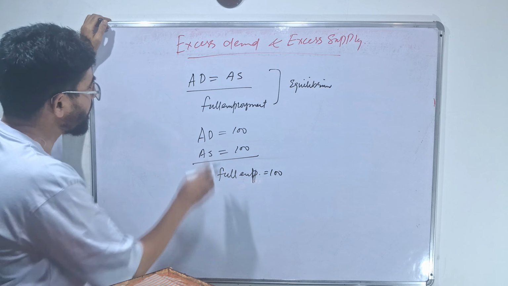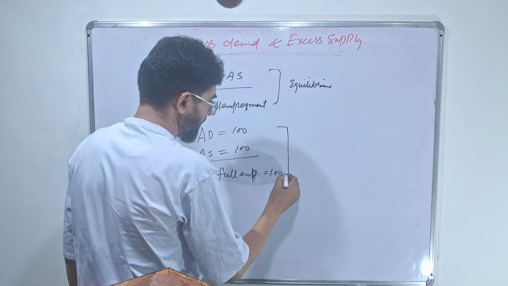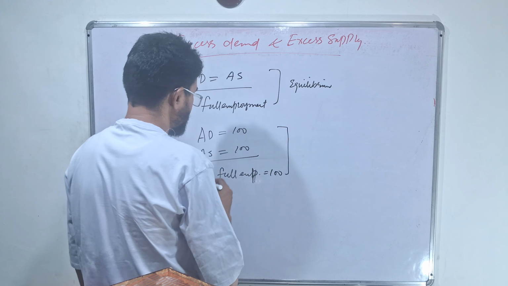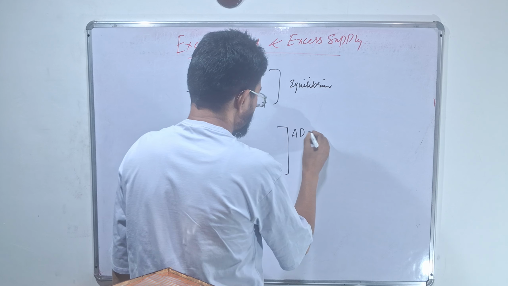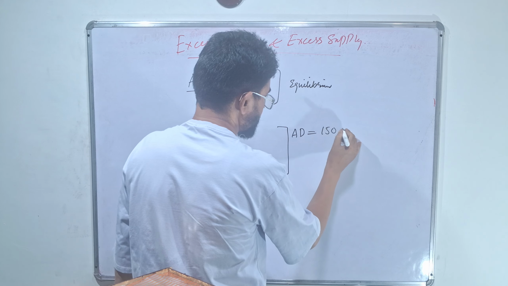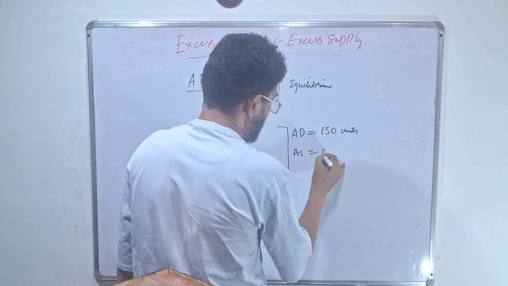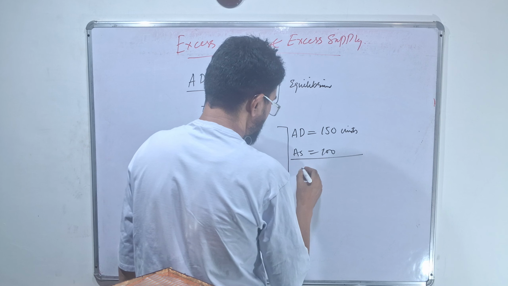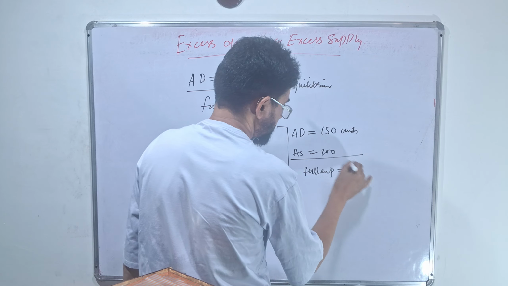But when excess demand arises, simply when aggregate demand is greater than aggregate supply corresponding to the full level of employment, means when aggregate demand is, for example, equal to 150 units, aggregate supply is equal to 100, corresponding to full employment level. Full employment, that is 100.